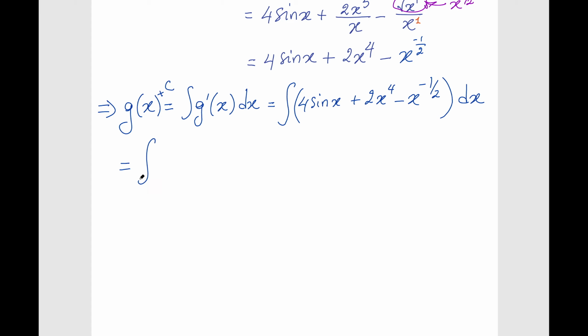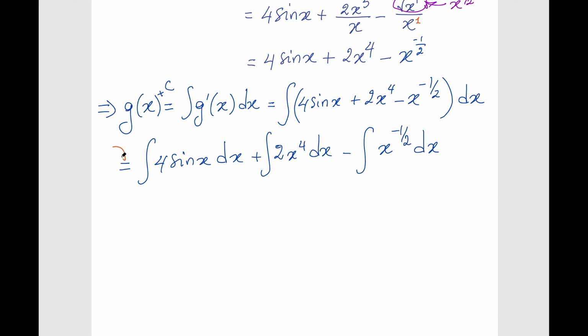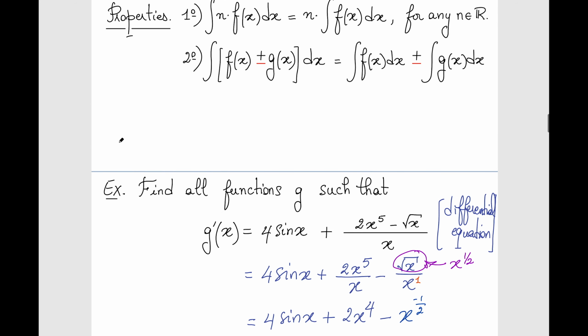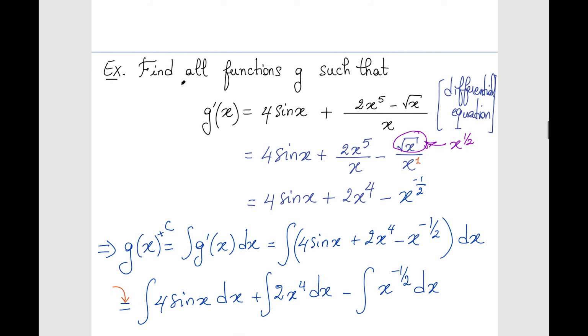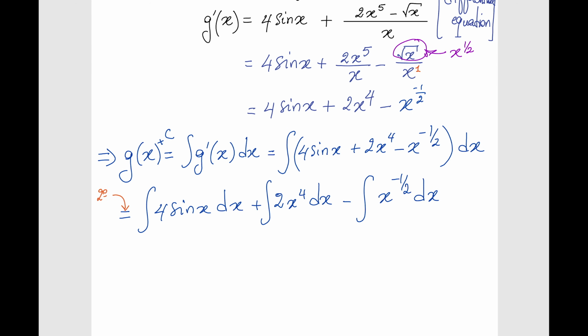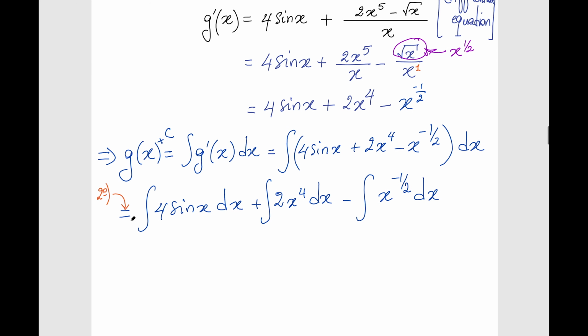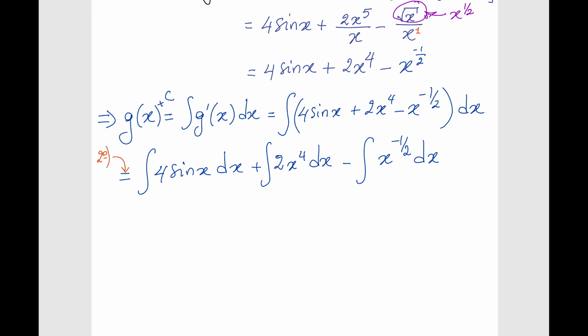So this becomes the primitive of 4 sine x dx plus the primitive of 2x^4 dx minus the primitive of x to power negative half dx. And this is by what? Which property did I use here? This is by property 2 above, right? Makes sense? And now do you see that this 4 is a multiplicative constant? So I can push it outside.